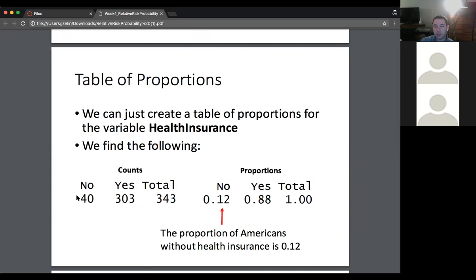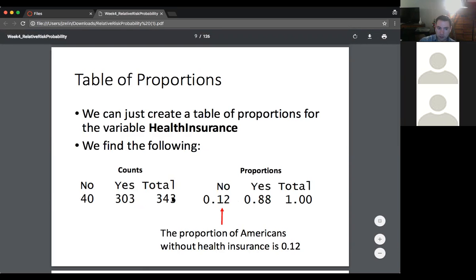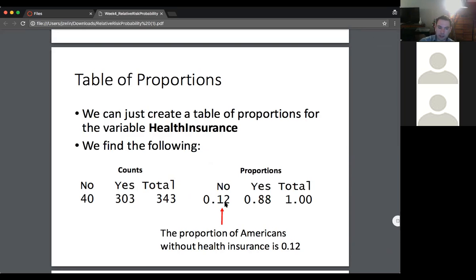So what we can do is just represent this 343, the total number of subjects, as 1. And then what we can do is divide, 303 divided by 343 to get 0.88 or 88%. And 40 divided by 343 will be 0.12 or 12%. And we can check that if we add these two numbers up, they'll equal the whole of 1.